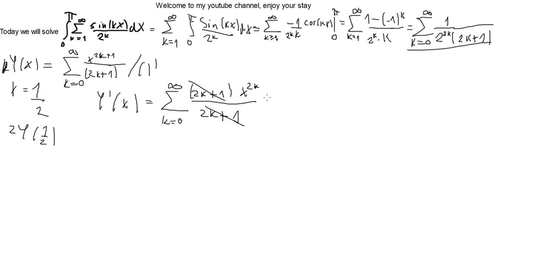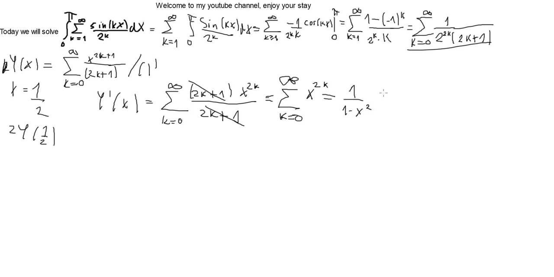These two will cancel each other out, and we will have a sum going from k equals 0 to infinity of x to the 2k. And what is this? This is just a geometric series, with the sum being 1 over 1 minus x squared. And we found out what we need.